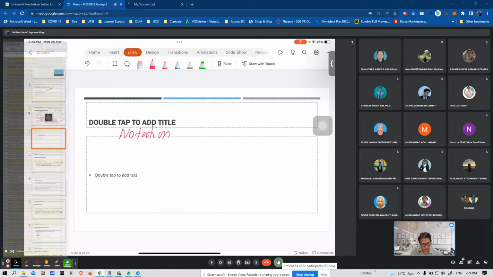For example, we have ASM, which stands for abstract state machine. And then we have actor model, and then we have B method and so on.